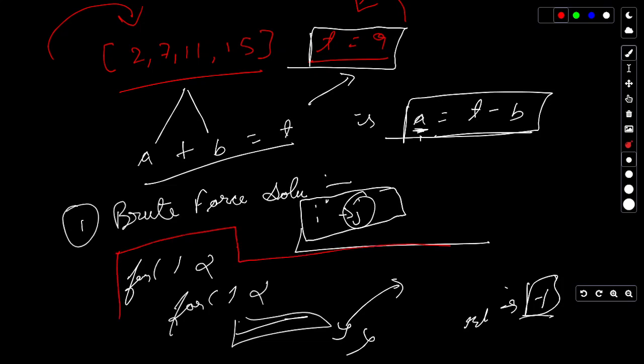Now these for loops, the entire goal of these for loops was to find a such number which would satisfy this given equation, right? It is searching for an element.